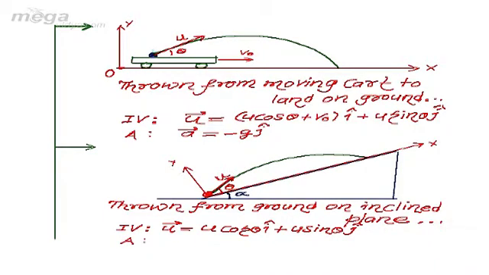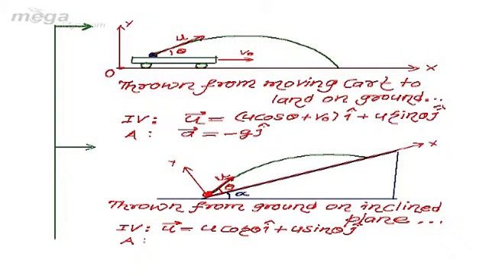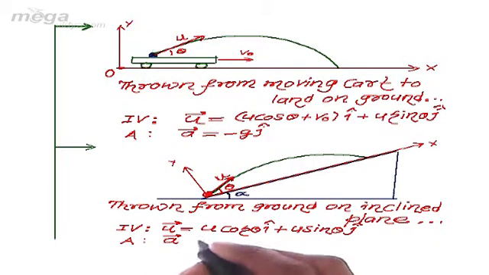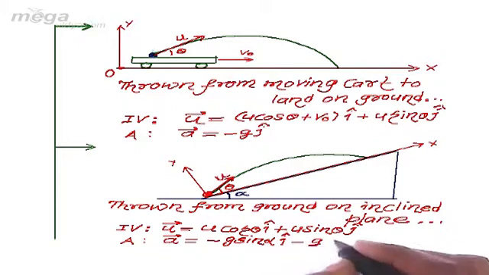But acceleration is quite different for this particular reference frame, which can be written as vector a equal to minus g sin alpha i cap minus g cos alpha j cap.